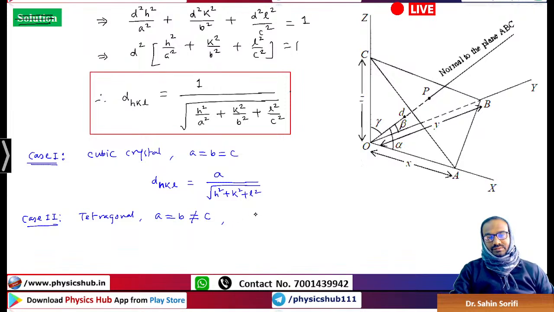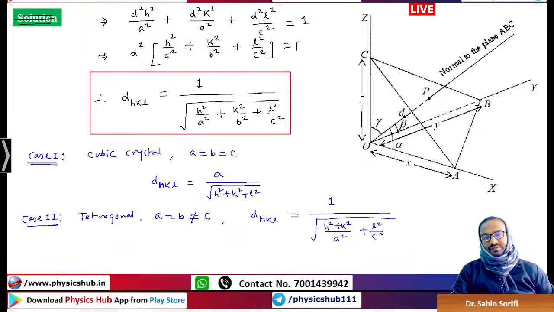So for this, we can write the d_hkl value for a tetragonal crystal. Since a and b are equal, 1 upon root over h square plus k square by a square plus l square by c square. Although you don't need to remember these cases, you need to remember the original formula, then you can easily put in a and b equal.